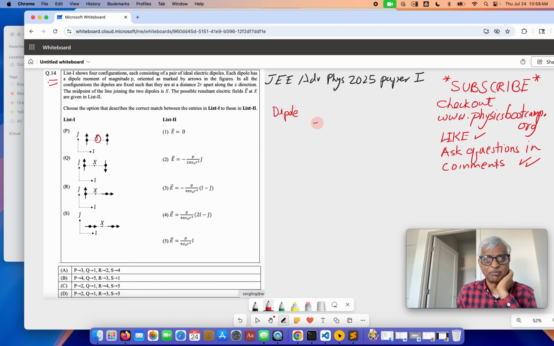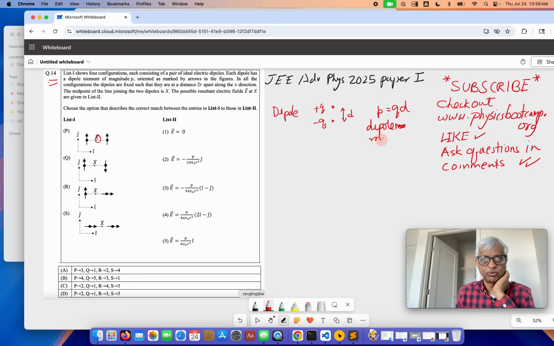A dipole is a minus charge q over here and a plus charge q over here, and the distance between them is d. Then we say the dipole moment is q times d, not 2q, just one of those q's, times d. This is dipole moment, not momentum.